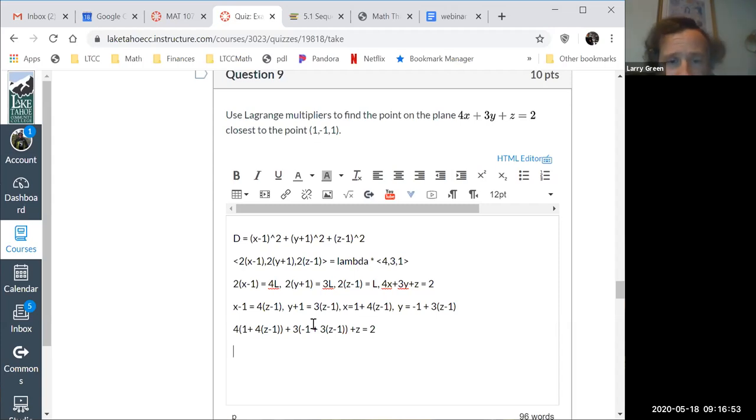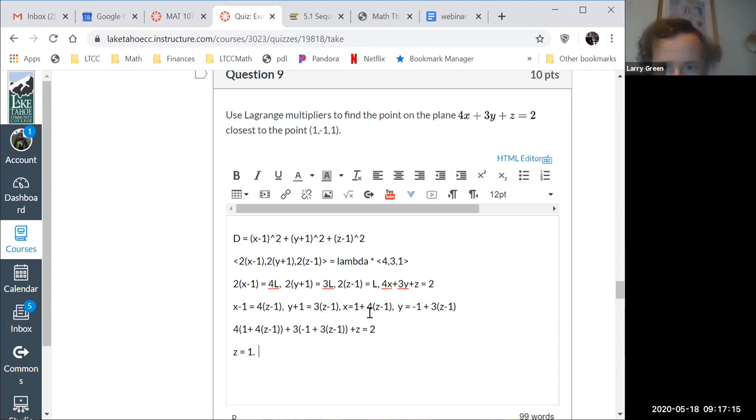Okay, now it's just kind of messy. And I don't think I'm going to waste your time multiplying this out. It's just very, very basic messy algebra. And what you end up with is z equals 1. But then if z equals 1, we go back to x and y in terms of z.